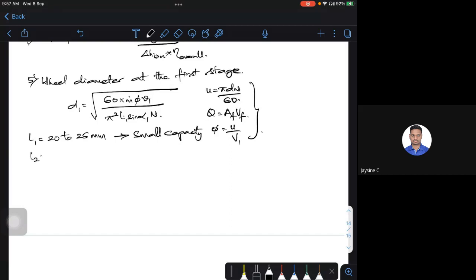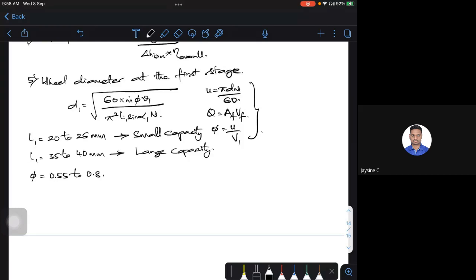And L1 should be slightly bigger, around 35 to 40 or 45 mm, if I am going for a large capacity turbine. And what should be the value of your speed ratio? It should be 0.55 to 0.8.